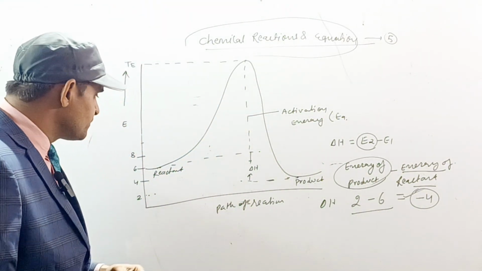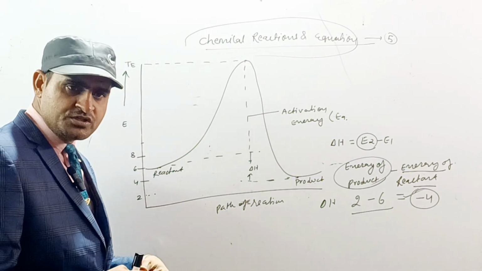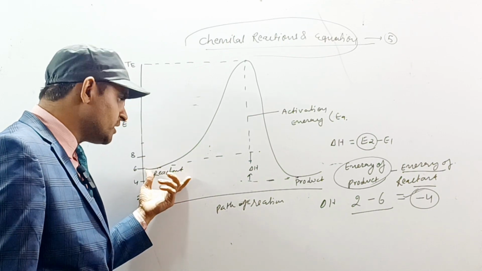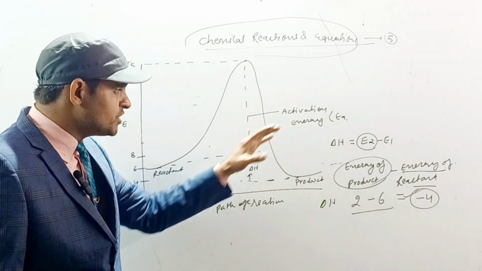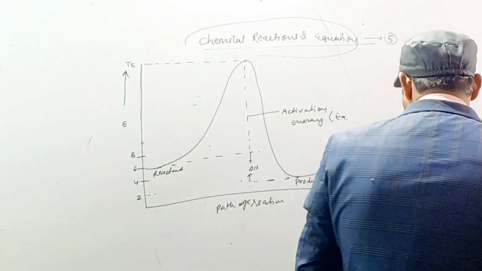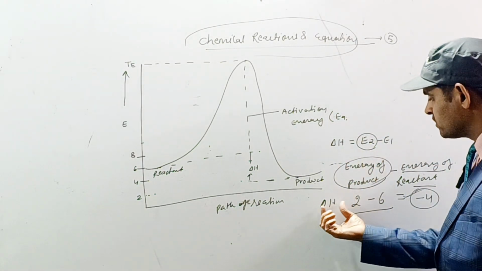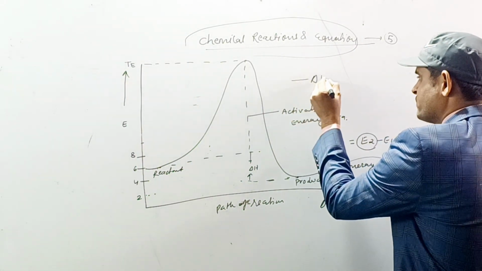The minimum energy required for the reactant to convert into product is known as activation energy, and in the exothermic reaction the sign of del H will be minus.